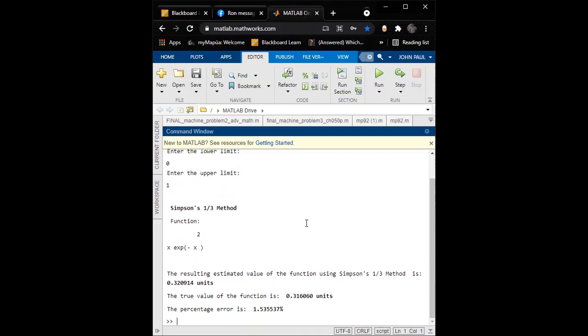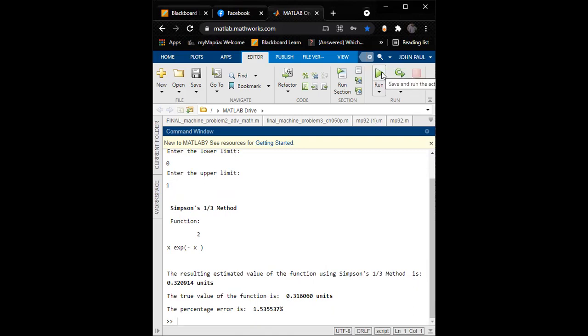Upon using the MATLAB program, the resulting estimated value using Simpson's one-third method is 0.320914 units. The true value of the function is 0.316060 units, and the percentage error is 1.535537%.